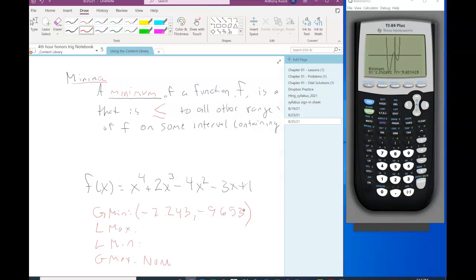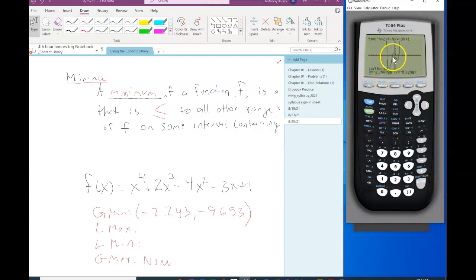Next up is the local maximum. I'm going to press second and trace one more time, but this time, instead of selecting minimum, I will select, shockingly, maximum. It asks me the same 3 questions: left bound, right bound, and guess.